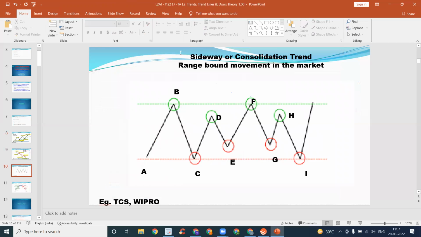This is my consolidation. Points B, D, E, F, H. When I draw a horizontal line, the green one, what I indicate is that some of the points are touching this line. It can be the wick or the body. Here also, they are touching this. The bottom levels are nothing but my support levels, and the top levels are nothing but my resistance levels. So let us see a TCS graph.